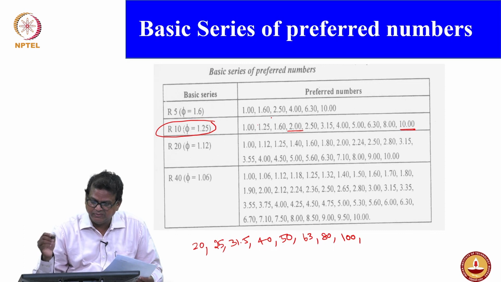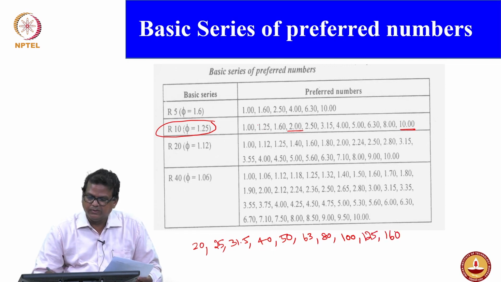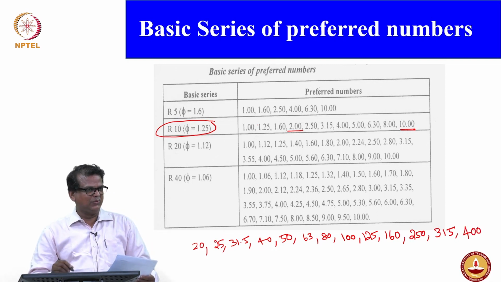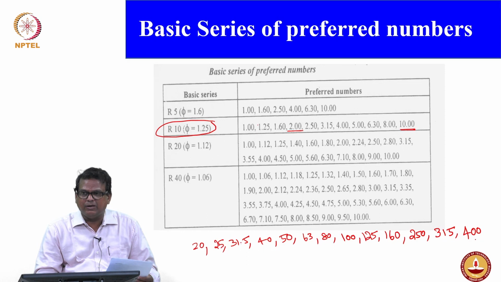The next ones will be 125, 160, 200, 315 and finally 400. Using the table you can find the speeds by this method. You can see that there are 1, 2, 3, 4, 5, 6, 7, 8, 9, 10, 11, 12 and 14.